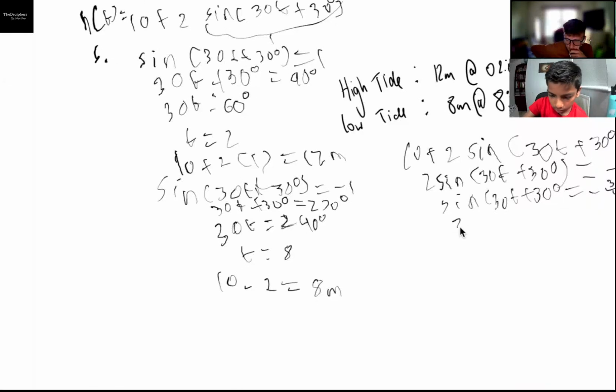So 30t plus 30 degrees is the arc sine of minus 3/4, which is minus 48.59 degrees.